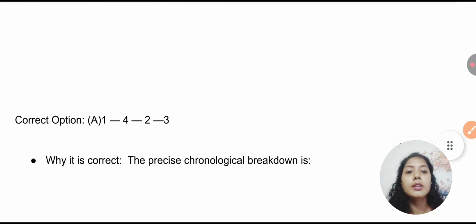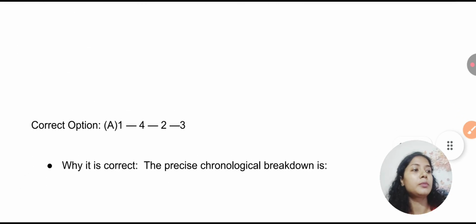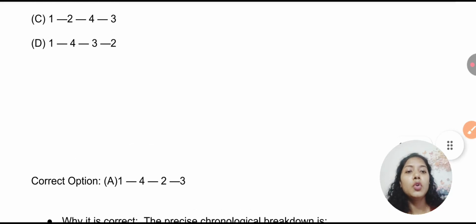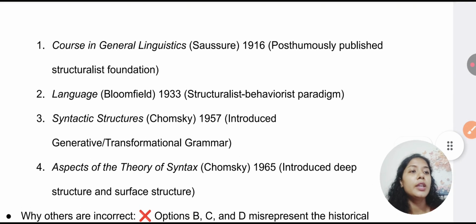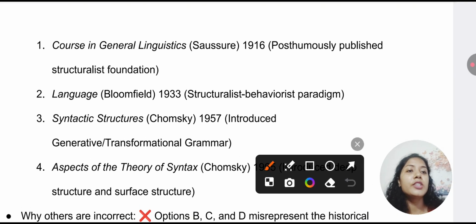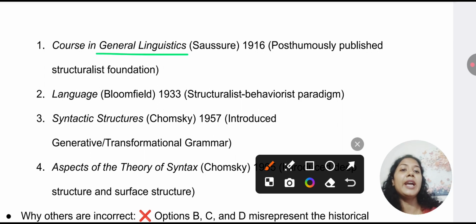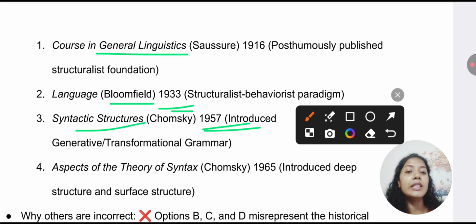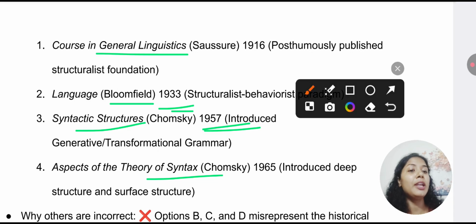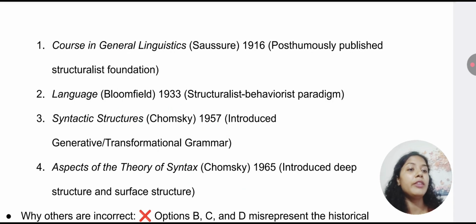Correct answer is option 1, so 1, 4, 2, and 3 will be the correct answer. Course in General Linguistics by Saussure, posthumously published in 1916; Language by Bloomfield, 1933; Syntactic Structures by Noam Chomsky, 1957; and Aspects of the Theory of Syntax, again by Noam Chomsky, 1965. Okay.